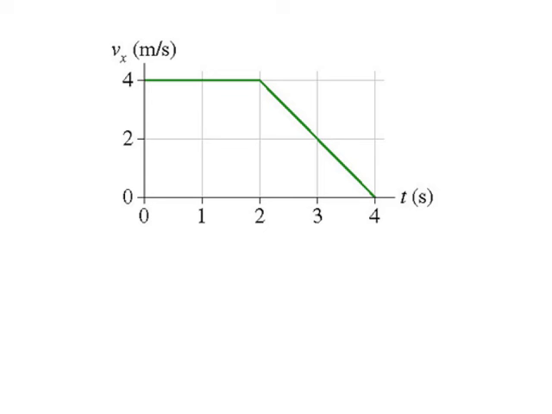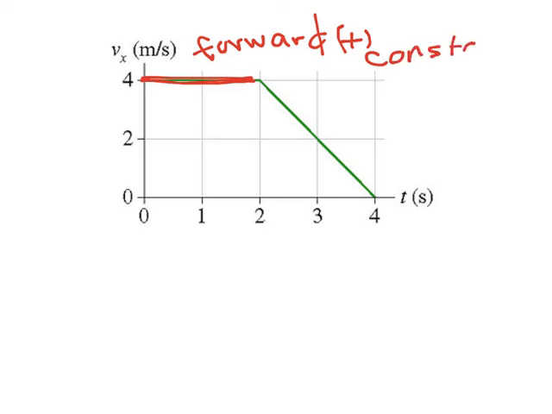So we start off, he's walking, or whatever the object is, going at a really steady 5 meters per second. So we're walking forward, because we are at a positive velocity. We are above the line, so it's walking forward with a positive velocity, and it's going to be constant, a constant speed, or constant velocity.